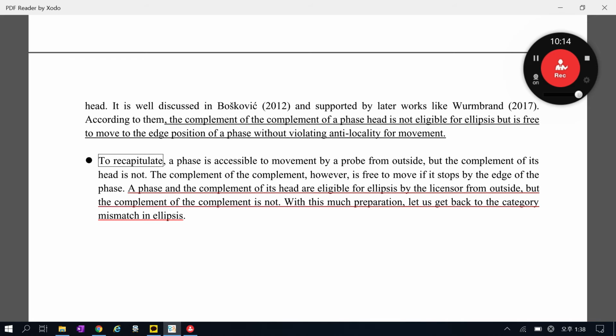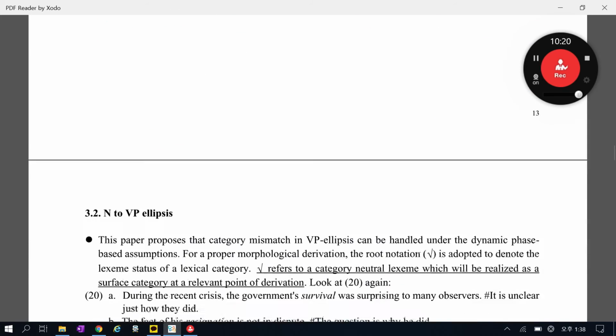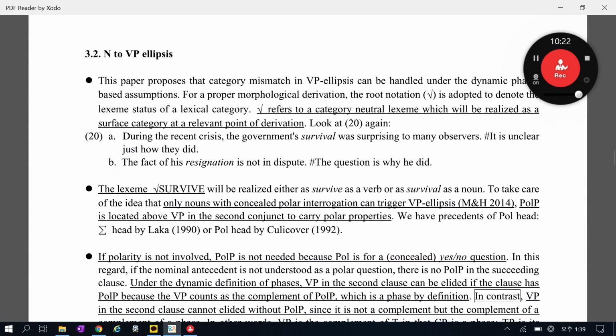With this much preparation, let us get back to the category mismatch in ellipsis. Section 3.2, VP ellipsis. This paper proposes that the category mismatch in VP ellipsis can be handled under dynamic phasehood-based assumptions.